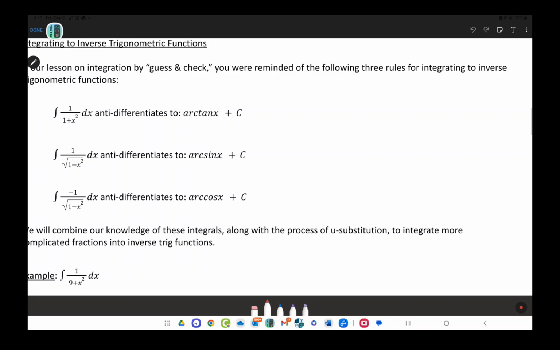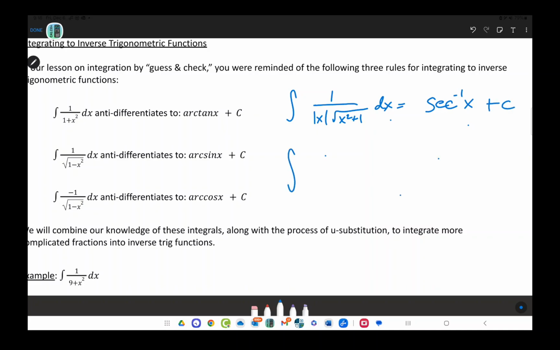So, again, if you also have the secant and cosecant, the integral of 1 over, I want to say it's x squared plus 1, dx is secant x plus c.